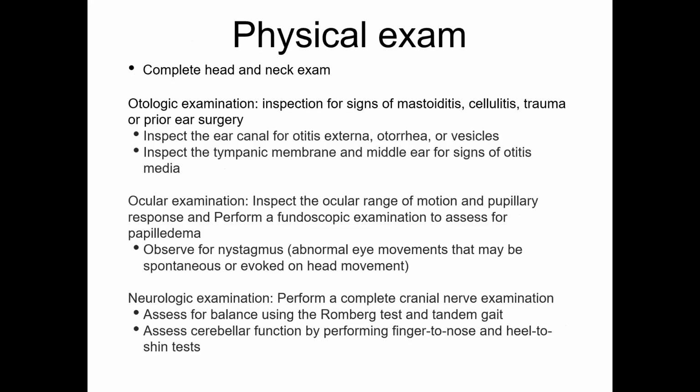Then after history, you go ahead and examine this patient. You do a complete head and neck exam, as we saw the components of the basic ENT exam are 7. We saw that in the beginning lectures. Then you go ahead and do the otologic examination. Inspect for signs of mastoiditis, cellulitis, trauma, or prior ear surgery.